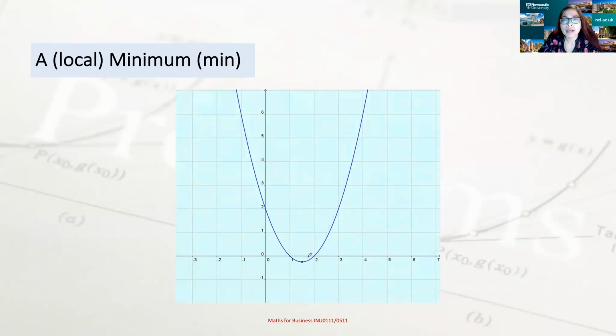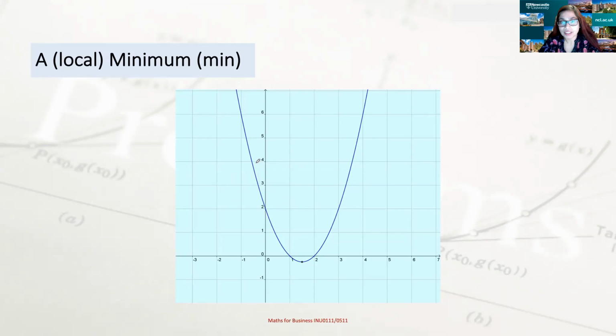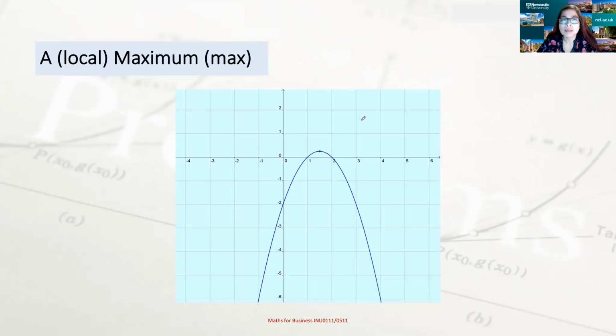So a local maximum is a point where you have the function increasing, that is the gradient is positive, and then it is 0, and then it starts decreasing. That's what we're going to see now, yeah? And a local minimum is where the gradient is decreasing, that is, it is negative, and then it starts increasing, positive, yeah?